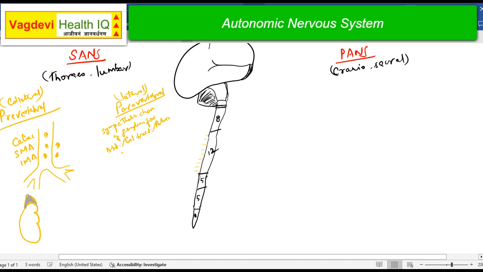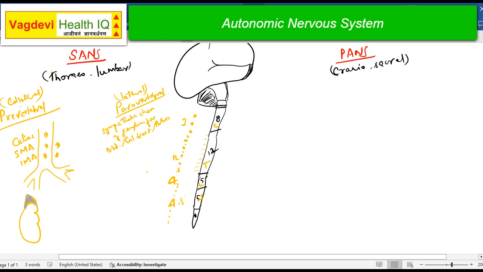Here it will be 3 cervical, thoracic likewise 12, and this lumbar region will have 4, and sacral also 4 to 5 ganglia. From these only the nerves pass through.